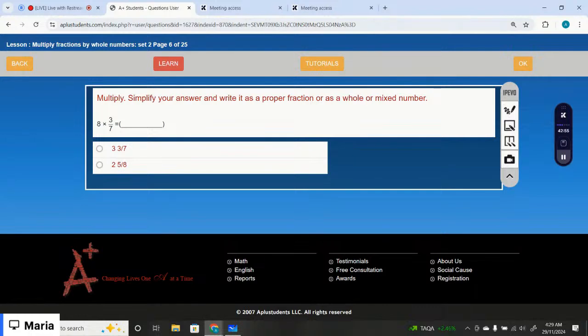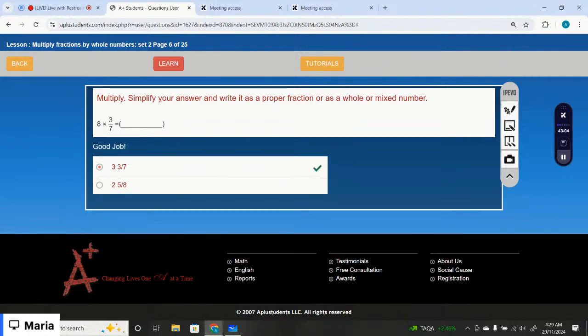Option number 1 is the correct option. How? Just look at the denominator. The denominator is 7. How could it be option number 2? Option number 1 is the correct option. The denominator would be the same.